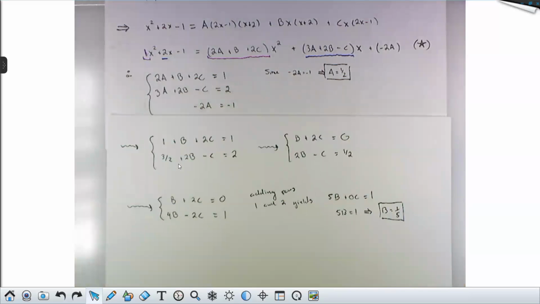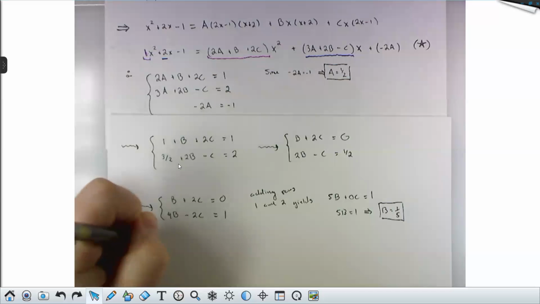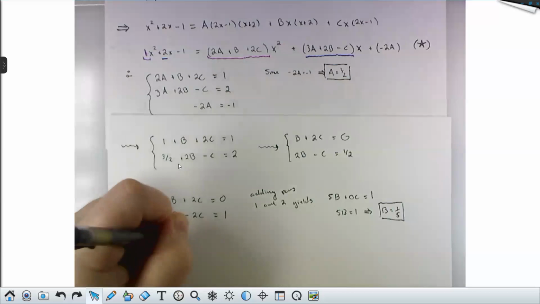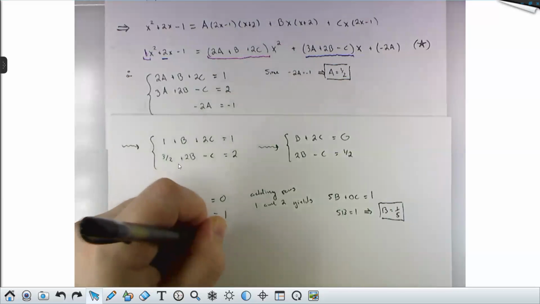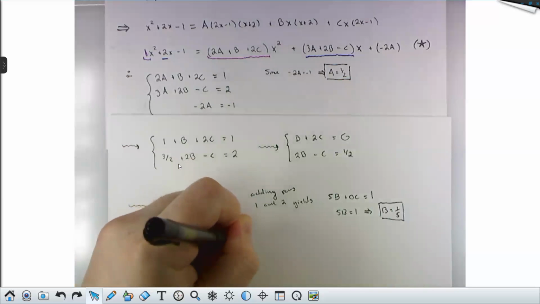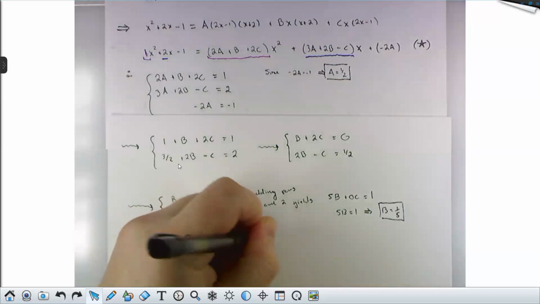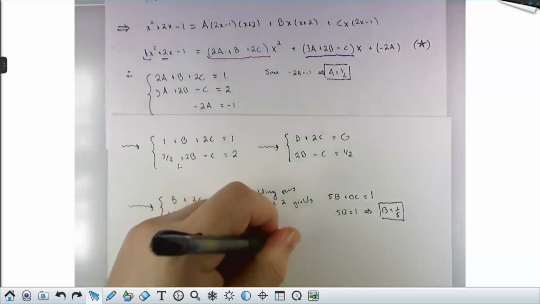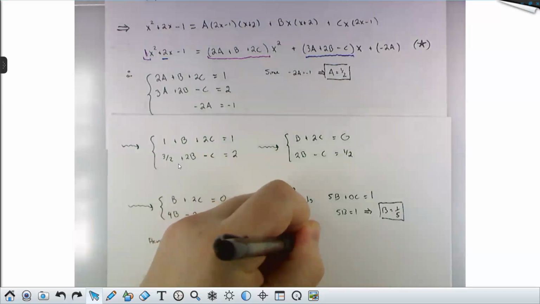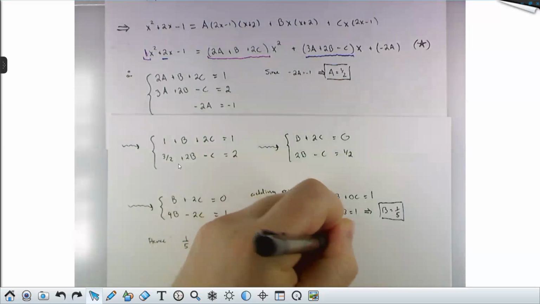How do I get c? Plug back in b. Plug this b in wherever. Let's plug it into the first one. Hence, 1/5 plus 2c equals 0, which means 2c is negative 1/5, which means c is negative 1/10.